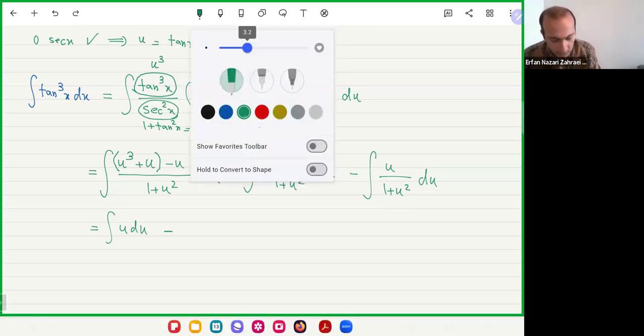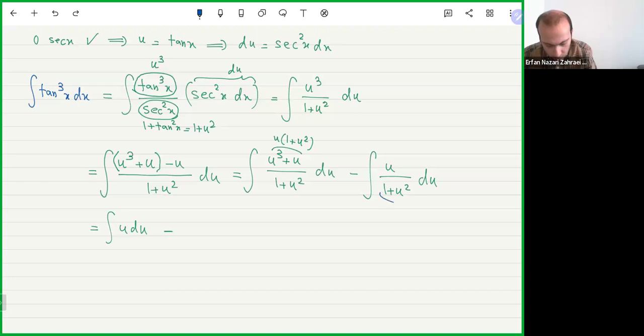So that's an obvious sign that substitution of 1 plus u squared is good. So let me do that. Let me do 1 plus u squared as a substitution. Because I already used the substitution u, I cannot call this again u. I need to call a new name for this substitution. Let's call it, for example, w. So I want to do the substitution w equals 1 plus u squared.